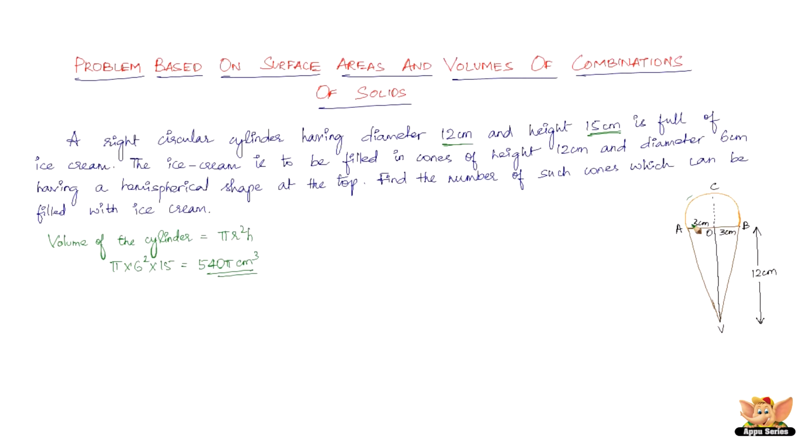Let us find the volume of the ice cream cone. The radius of the ice cream cone is 3 centimeters. The height of the ice cream cone is 12 centimeters. Let's find the volume of the conical part of the ice cream, because the ice cream also comes out of the cone and presents itself in the form of a hemisphere. I'm sure you know that because we've all eaten ice creams in cones.